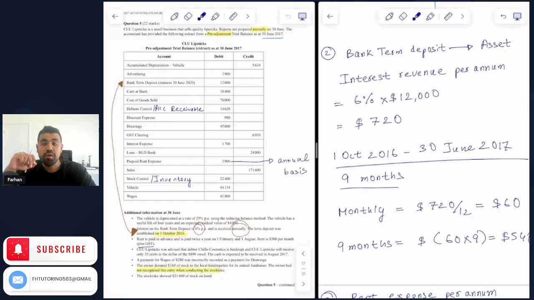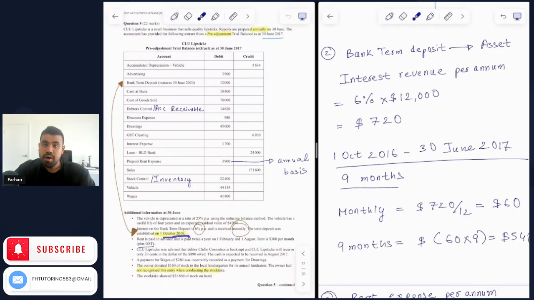So how do we calculate this interest, given the interest rate is 6% per annum? Now, if you were to calculate the interest revenue on an annual basis, then you would multiply the given rate of 6% with the $12,000, the investment that we have made. And on that basis, we get $720 as the interest revenue every year. Now, the question explicitly mentions that the term deposit was established on 1 October 2016.